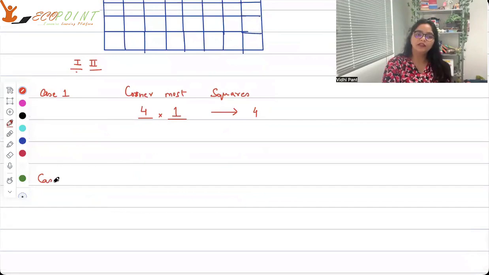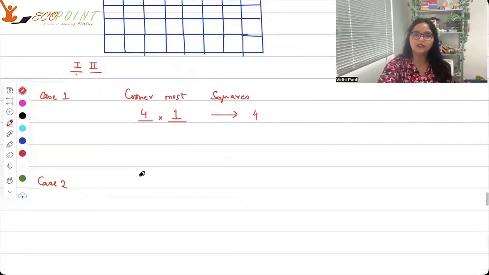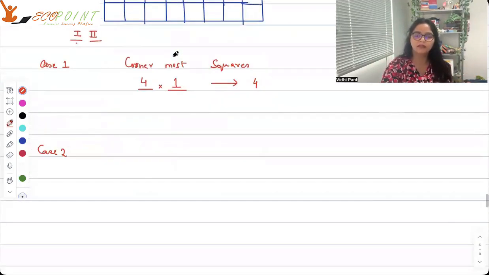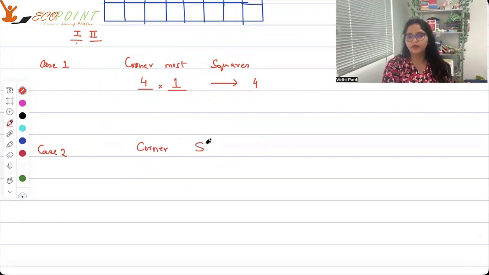Then case 2: the squares on the corner strip, but not the cornermost, the remaining squares.